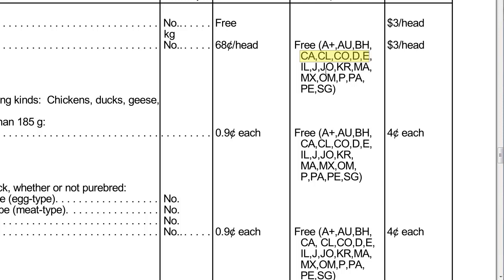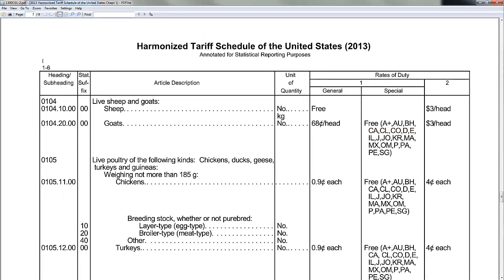Now, after the quota period, we might have to pay up to $3 per goat. Now, I have simplified this a great deal, and I only want to convey the basics about the tariff, so this is just a very weak example of how duty rates are looked up.